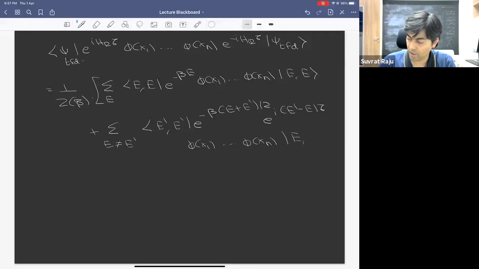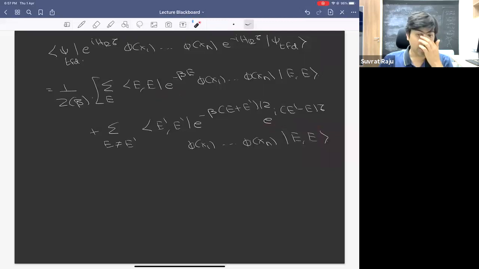So I just took the expression and expanded it out. I took the sum that you had in the thermofield double state, remember, it's a sum over all energies, so a sum over E prime and a sum over E, and broke it up into two parts: one where you took the same energy from the ket and the bra, and one where you took different energies. Here I have a phase and here I have no phase.